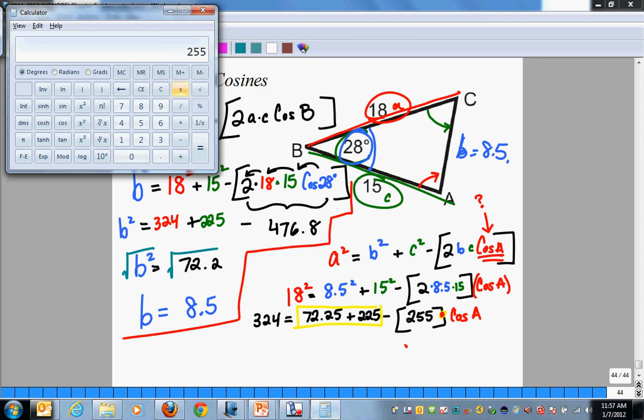So what we're going to do now is add the 72.25 plus 225, and that's 297.25.